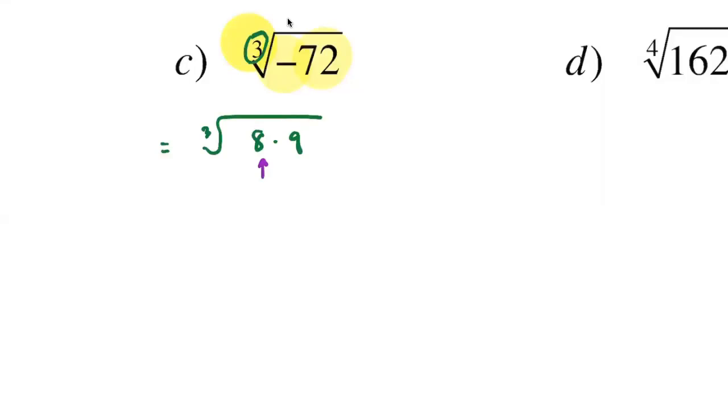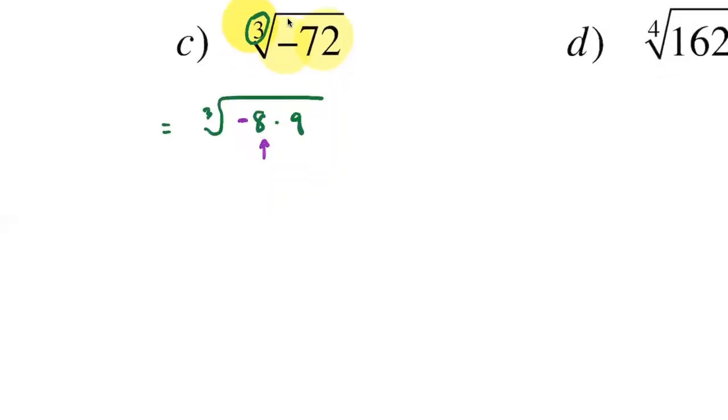So we want to put the negative in front of the 8. That allows us to pull out the negative 2 and leave the 9 inside, because we don't want to leave the negative inside. So that becomes the cube root of negative 8 times the cube root of 9. So that's negative 2 times the cube root of 9. So that's the answer.